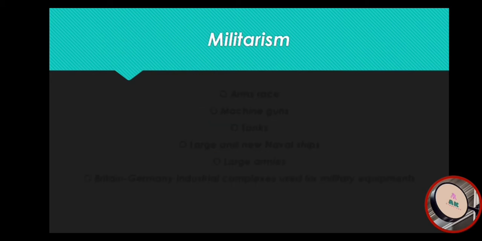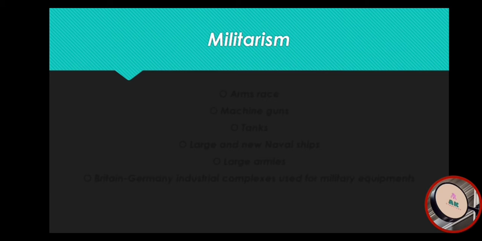Next we look at militarism. Before that, let me tell you the Allied powers and Central powers again. The Allied powers are Russia, France, Britain, Japan, USA, and from the Central side, Germany, Austria-Hungary, and the Ottoman Empire.